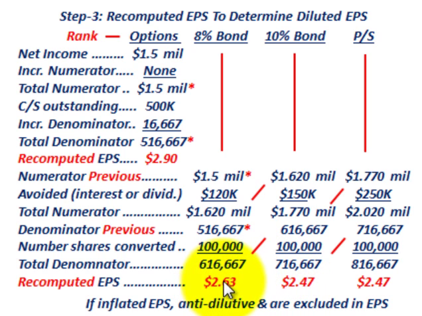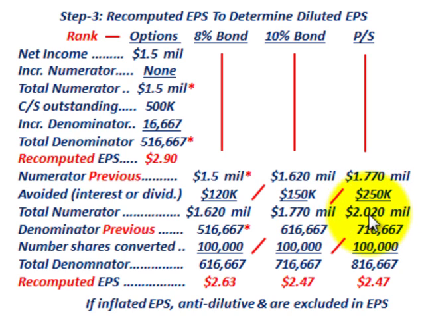We moved down from $2.63 to $2.47, and then for the preferred stock, we just take our previous total numerator from the 10% bonds, 1,770,000. Add to it the avoided dividend that had to be paid, $250,000. So we come up with our total numerator, the adjusted net income of $2,020,000.